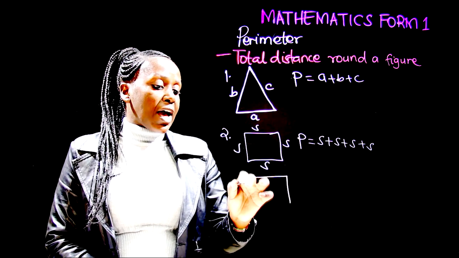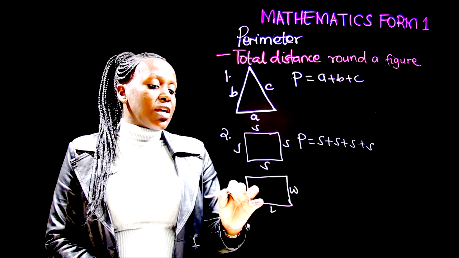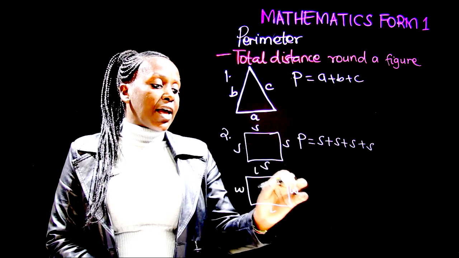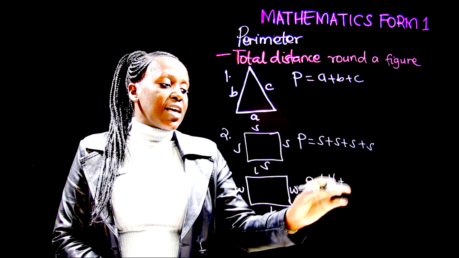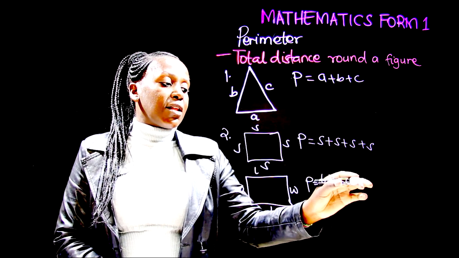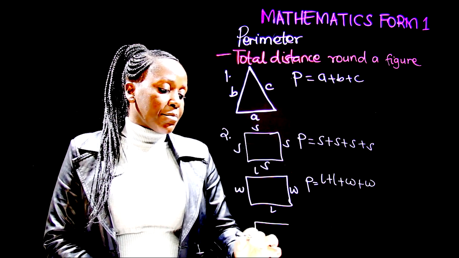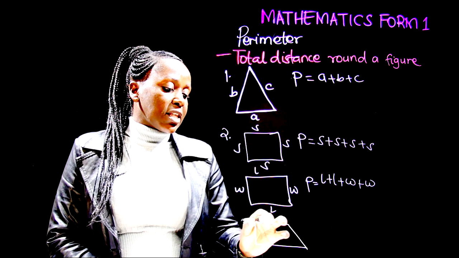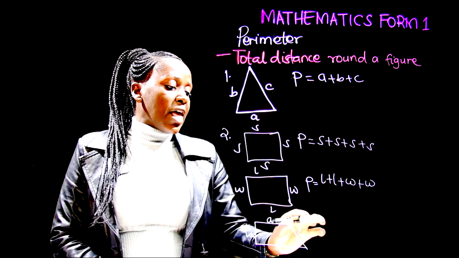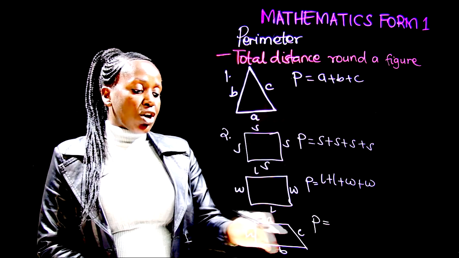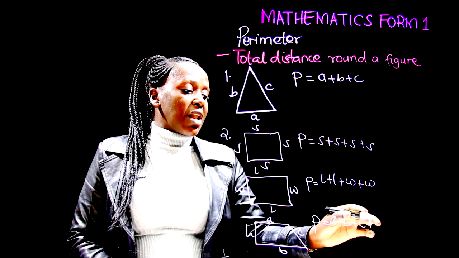If you have a rectangle that has this as a length and this as the width, this is still the width and this is the length, the perimeter will be equal to length plus the other length plus the width and then plus the other width. If you have a trapezium, and this is A, B, C, and this is the height, the perimeter will be the sum of all the sides, A plus B plus C plus height.